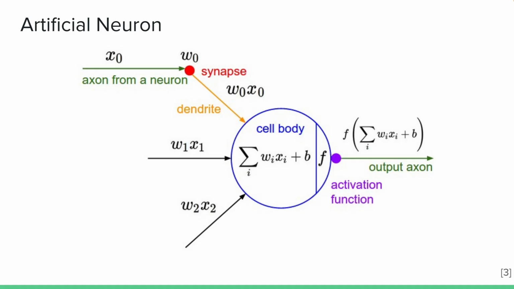For example, you can sum up those values, add a bias term b, and then have an activation that says whether it should fire or not. And this is the output that will be fed into the next neuron. And the goal of the training would then be to find good values for this w and the bias term to produce something meaningful. For example, to find a line that separates two classes.